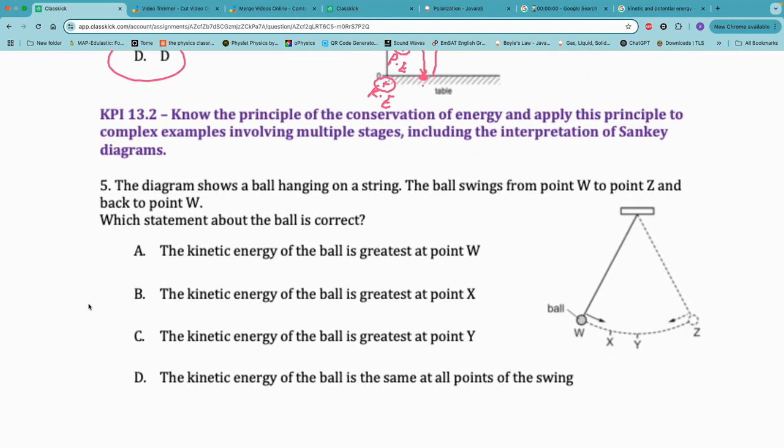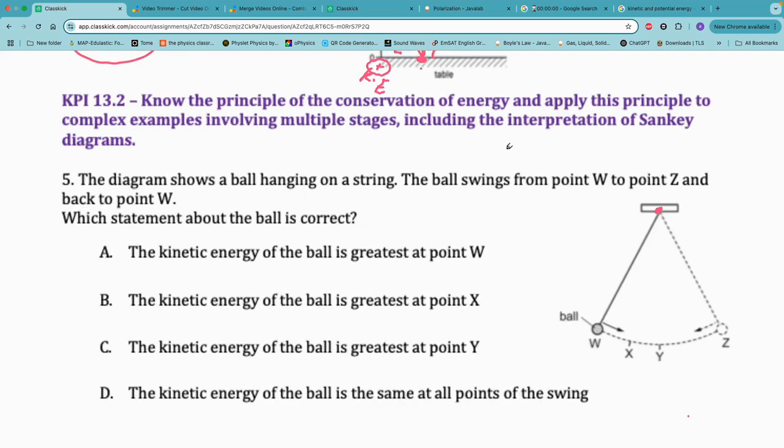Next part, this shows a pendulum situation. Let's start applying the concept of potential and kinetic energy in a pendulum situation. Now, the diagram shows a ball hanging on a string.